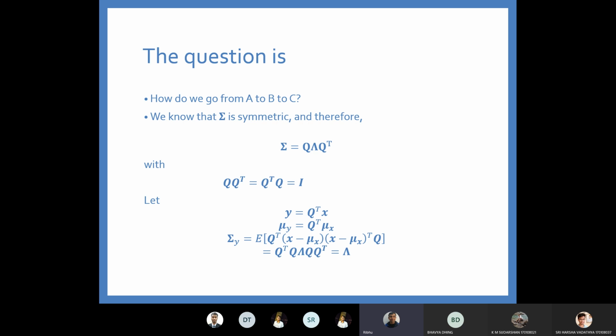So the covariance matrix looks like this. This inner part turns to sigma, which in turn is Q lambda Q transpose. So I can write Q transpose Q lambda times Q Q transpose, which is lambda.